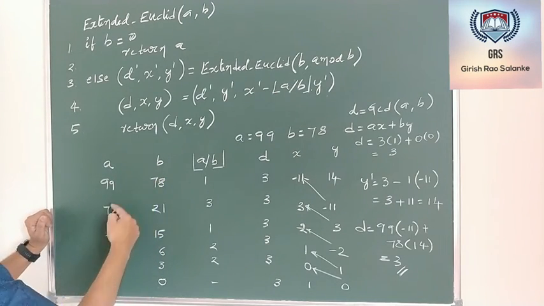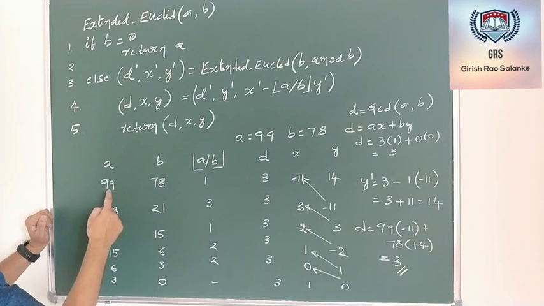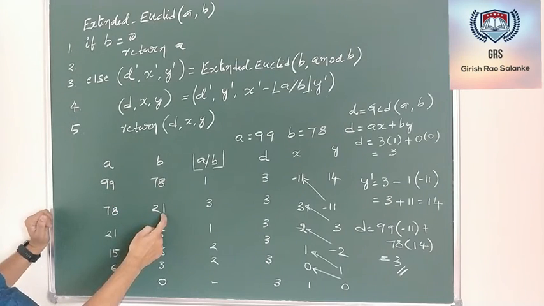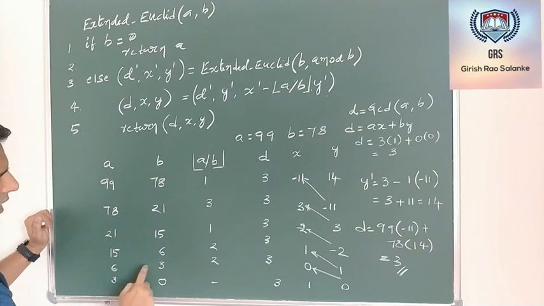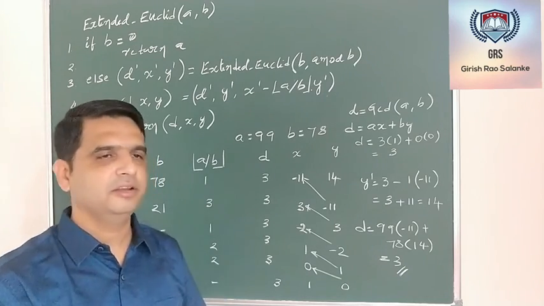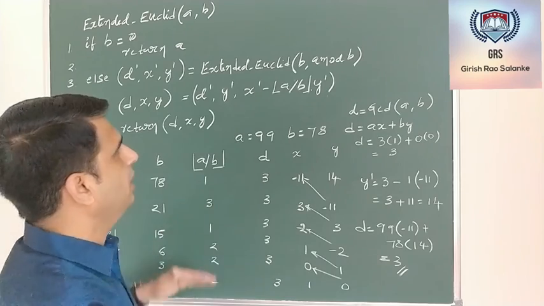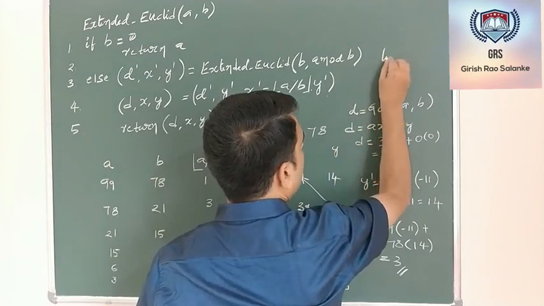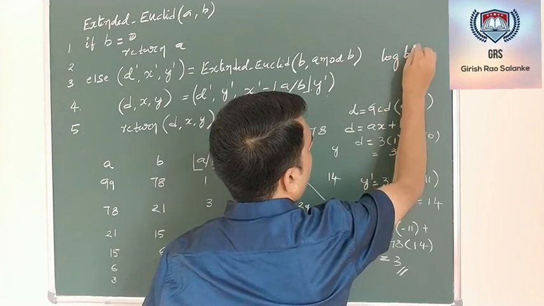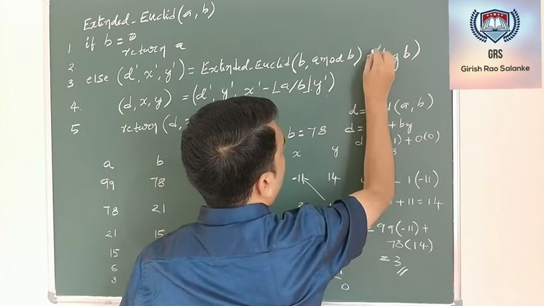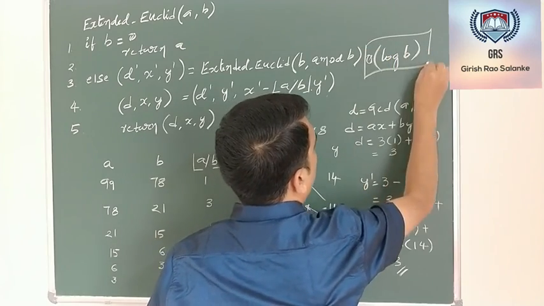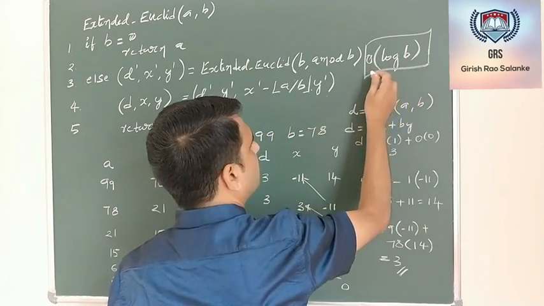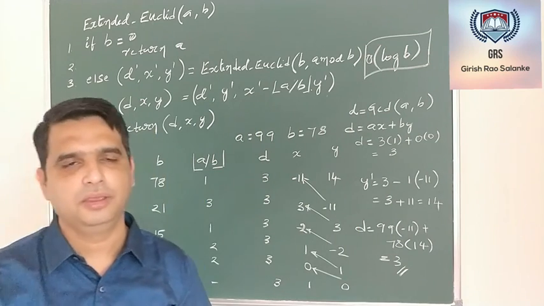In the next iteration, B becomes A, and then this value is nothing but A mod B. Now it depends upon the value of B. That means the number of times the extended Euclid's algorithm runs is log B. That means I can say the time complexity of the extended Euclid's algorithm is order of log B.